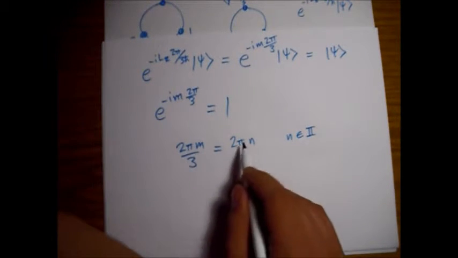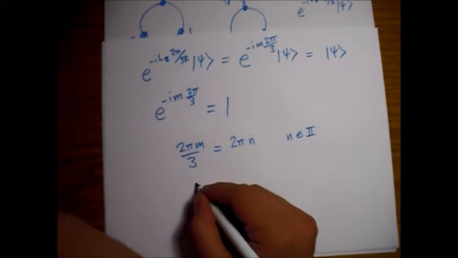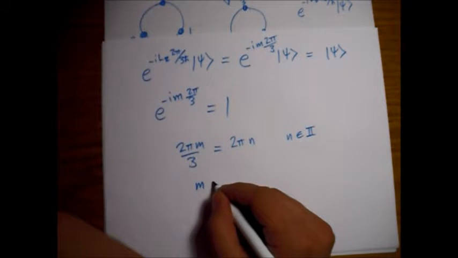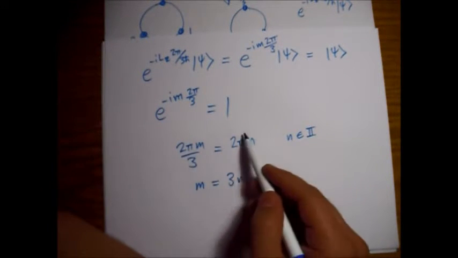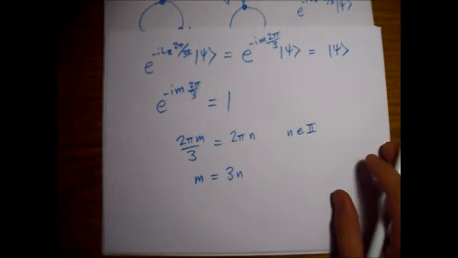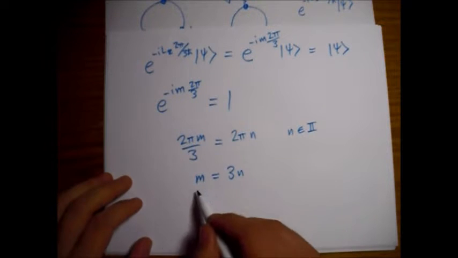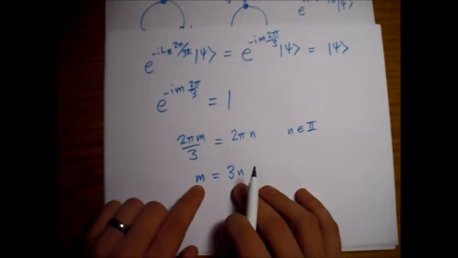Now if this equation holds true, then m equals 3n. We cancel the 2 pi's, multiply both sides by 3, and we get m equals 3n. So this is our restriction on the magnetic quantum numbers.